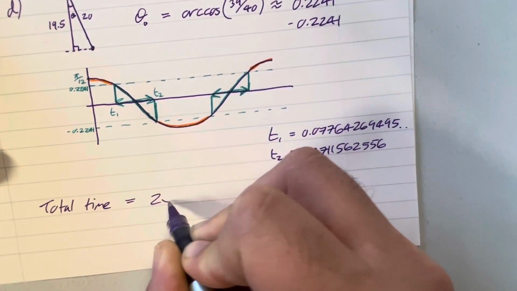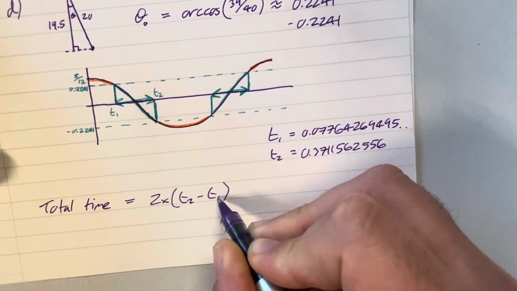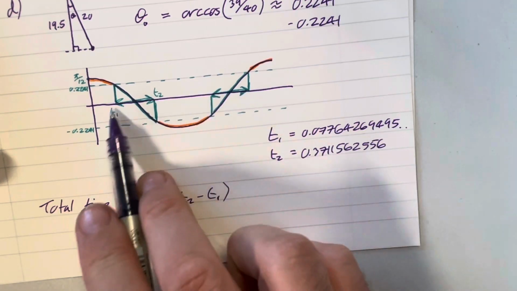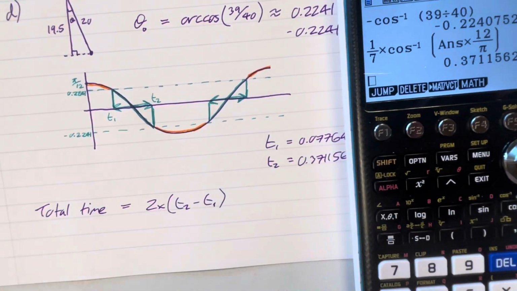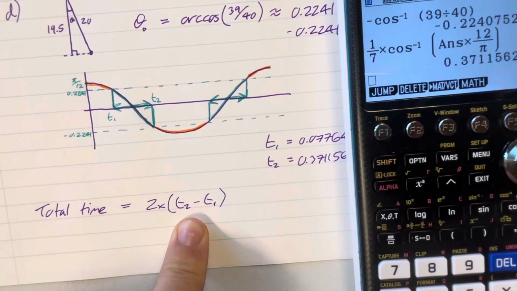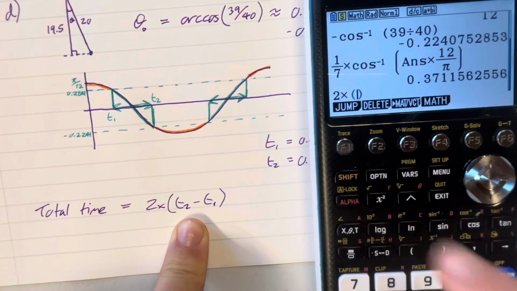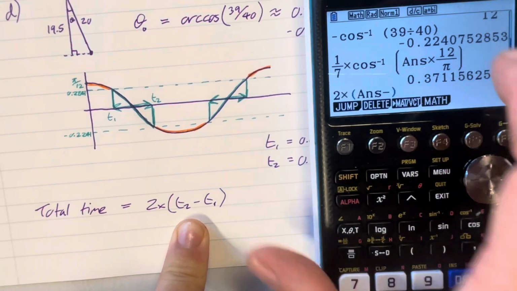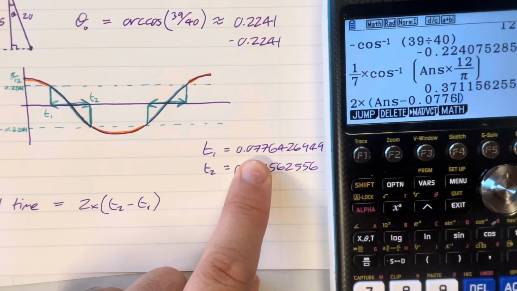Okay, so the total time that it is below 19.5 is going to be 2 times the difference, so T2 minus T1, and it's twice the difference because there are 2 green sections on my diagram above. I'm looking for the total time in one period of motion, so that's there and back. So I'm going to do 2 times, and then I can just pop in the answers there for the first number, and then some decimals for this one.